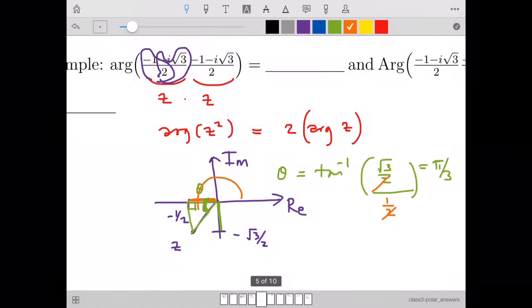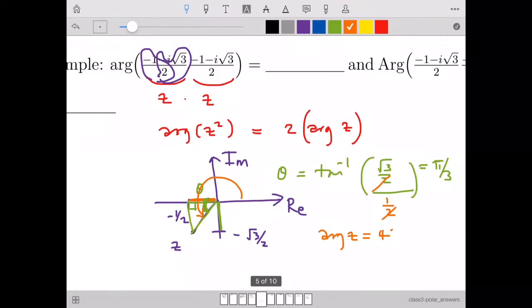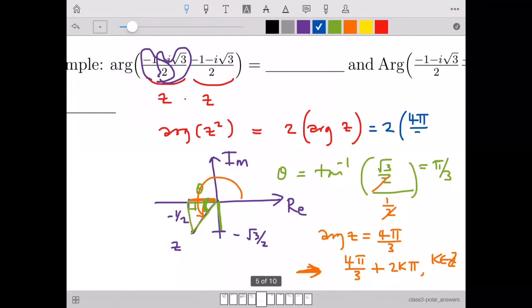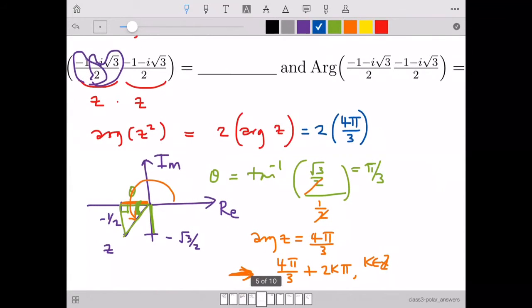So one argument is this, that is 4 pi over 3. So arg of Z is 4 pi over 3, or you can say 4 pi over 3 plus any 2k pi for some k in Z. You can say any of these as your answer. So anyway, this is twice 4 pi over 3, so that is 8 pi over 3.